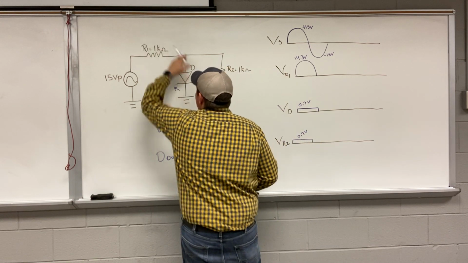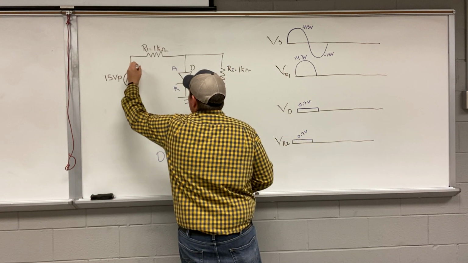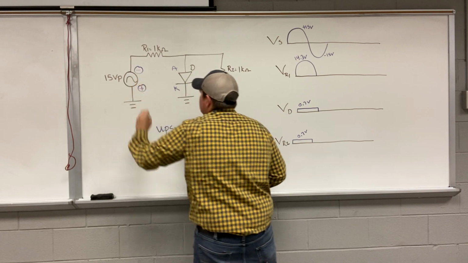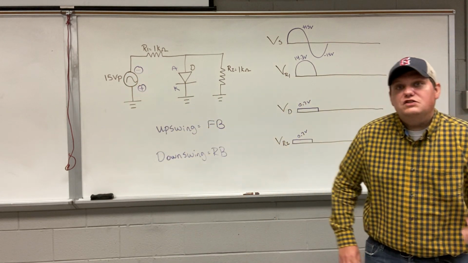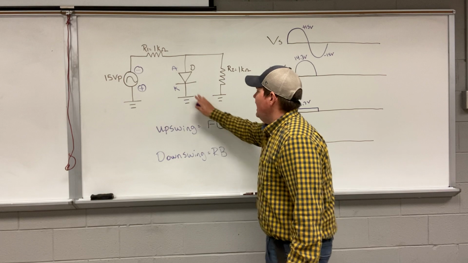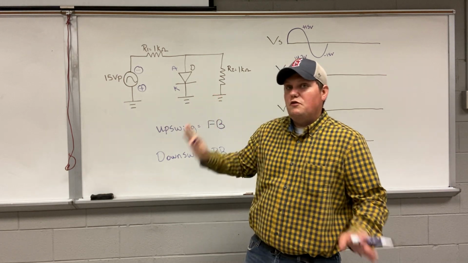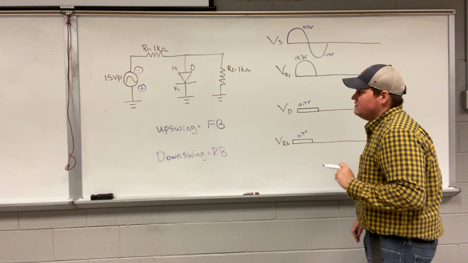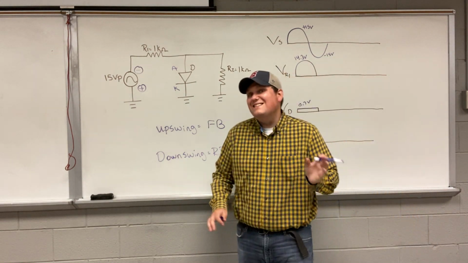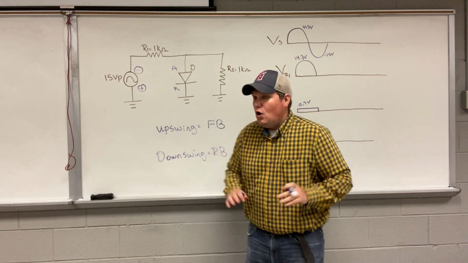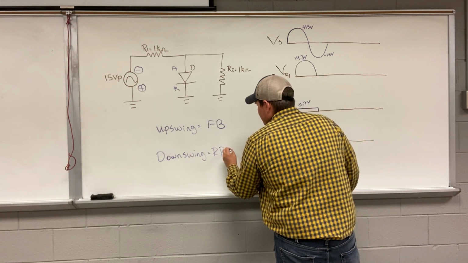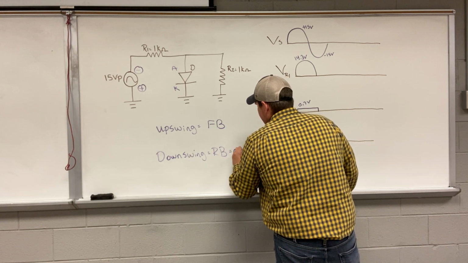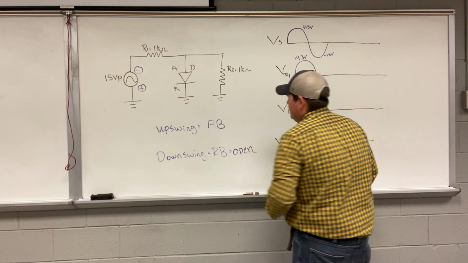On the downswing, remember, this is my polarity. So that means that the diode is in reverse bias. When a diode is in reverse bias, what is it? It's open. So remember, this means that the diode is an open.